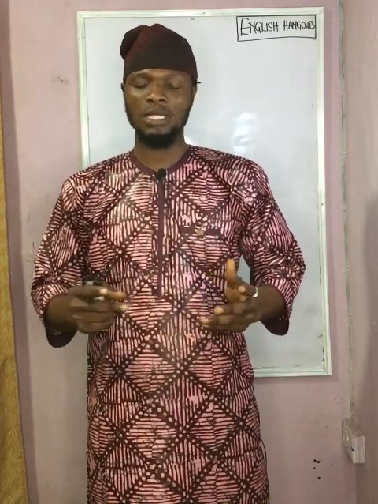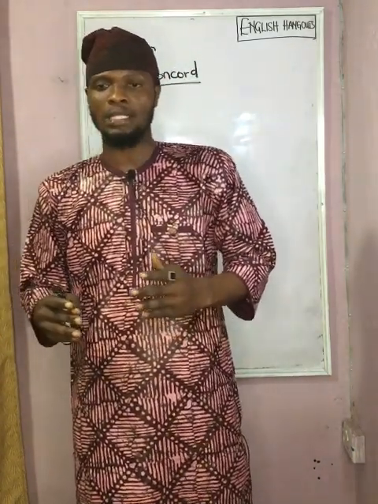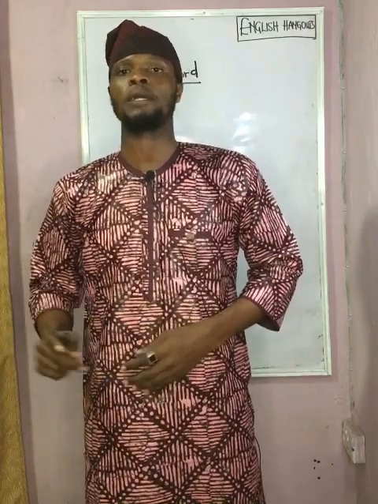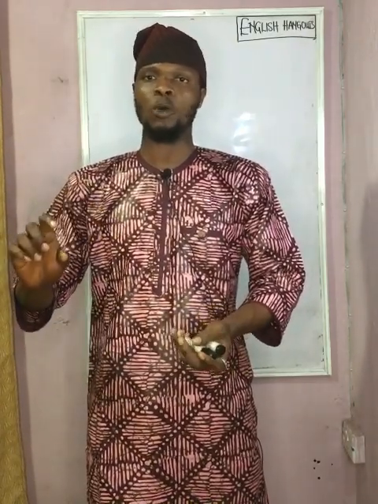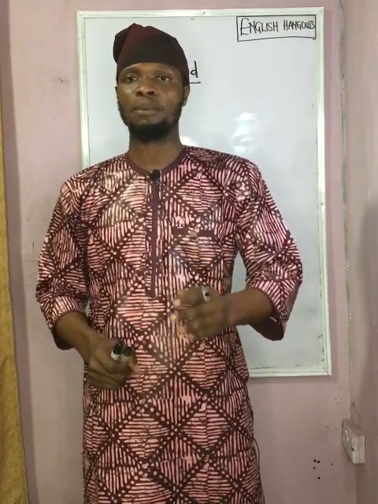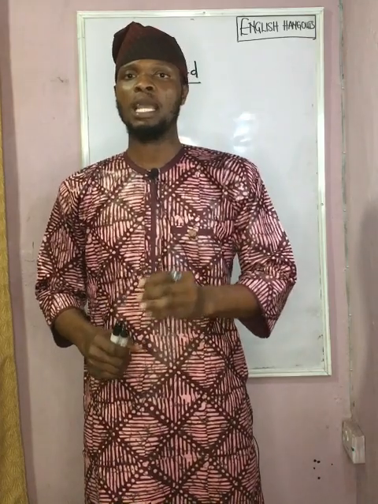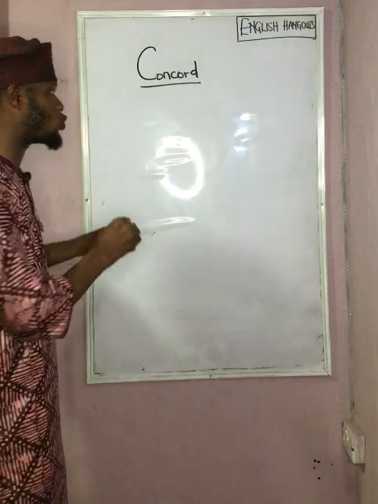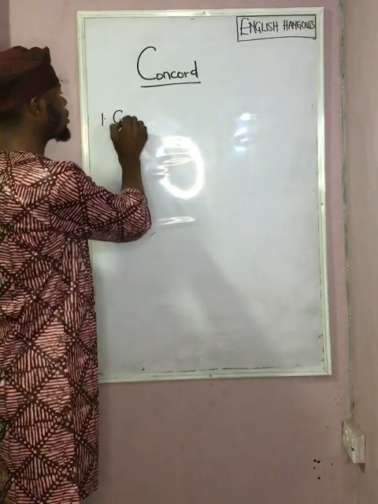Moving on, this subject matter can be categorized under two subtopics. But for today, I want us to look at just an aspect of concord, which is the subject and verb agreements. Under the subject and verb agreements, I want us to look at just three parts. The first one has to do with grammatical concord.